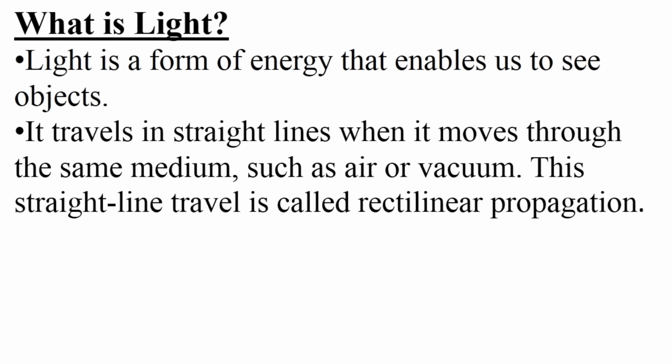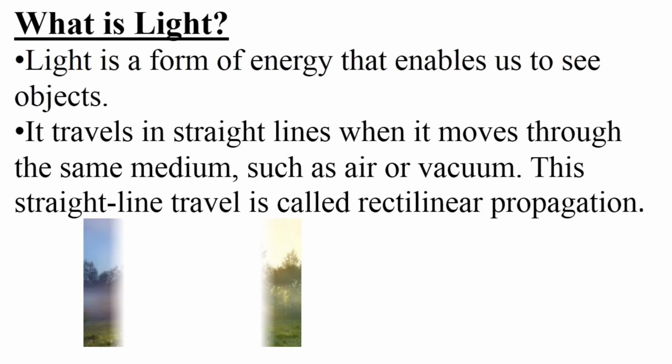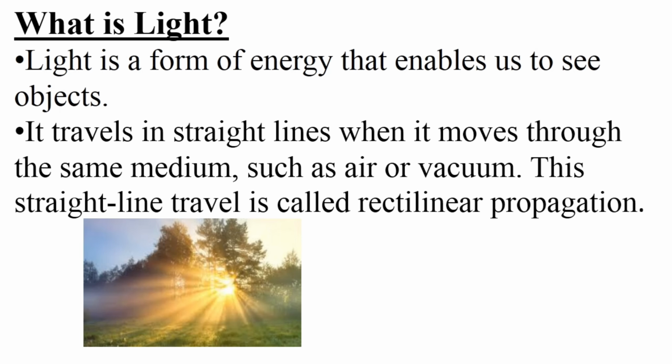Now, how does light travel? When it moves through the same medium like air or vacuum, light travels in straight lines. This behavior of light moving in straight lines is called rectilinear propagation. That's just a fancy way of saying that light does not bend or curve on its own while traveling in one medium.